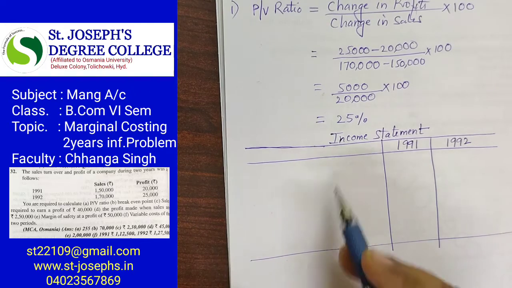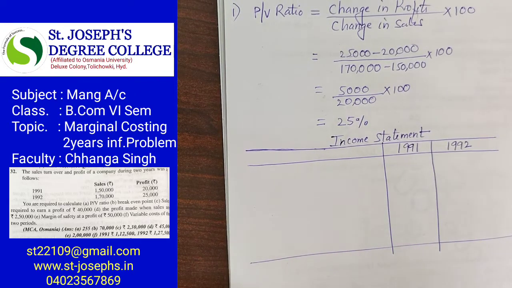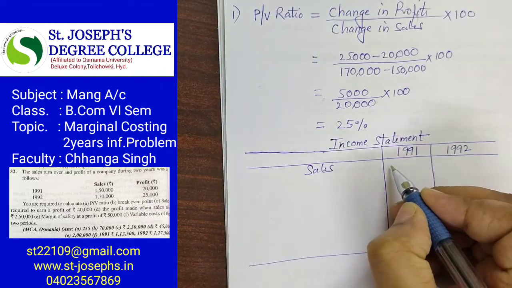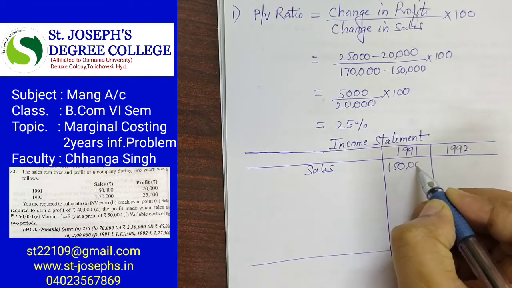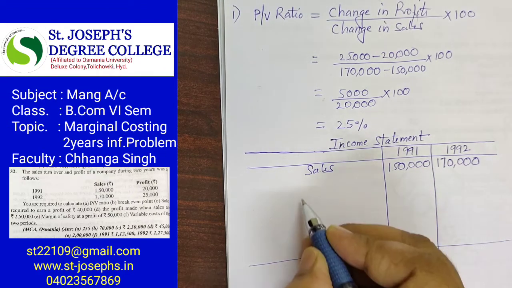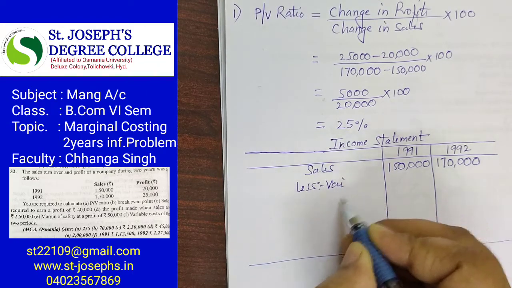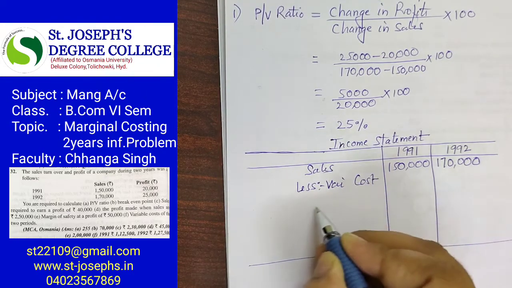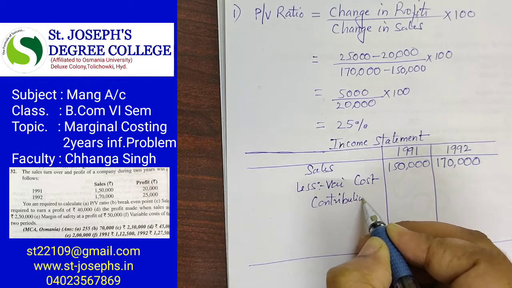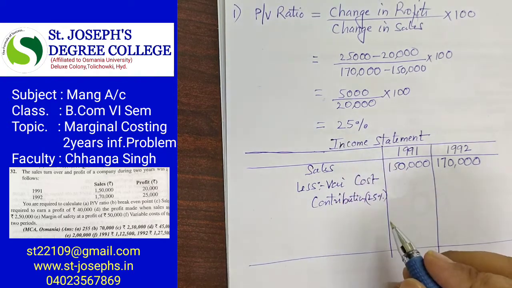Now prepare the income statement. This is the easiest way I am explaining to you. Take sales. Sales is 1,50,000 for 1991 and 1,70,000 for 1992. Now variable cost we don't know, but contribution we know. Contribution is 25%. Actually your PV ratio is your contribution only.